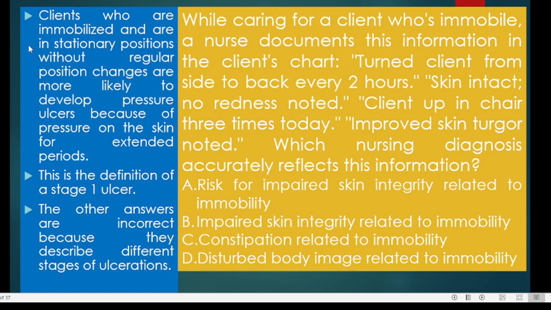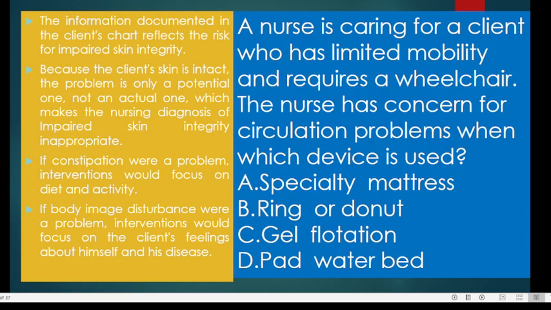So the nurse will turn the patient every 2 hours. We look at the skin, assess the skin, encourage movement, okay? You're working with risk for impaired skin integrity related to immobility. So the information documented in the client's chart reflects the risk for impaired skin integrity because the client's skin is intact.